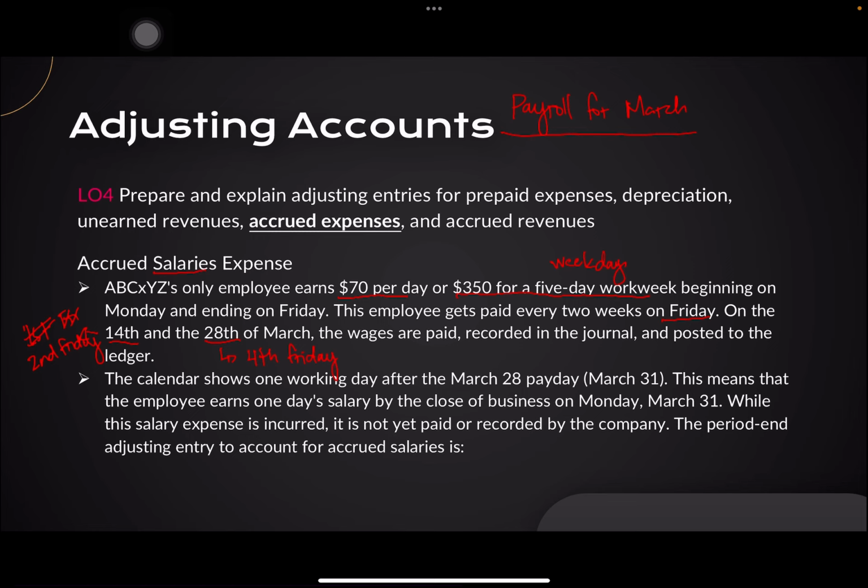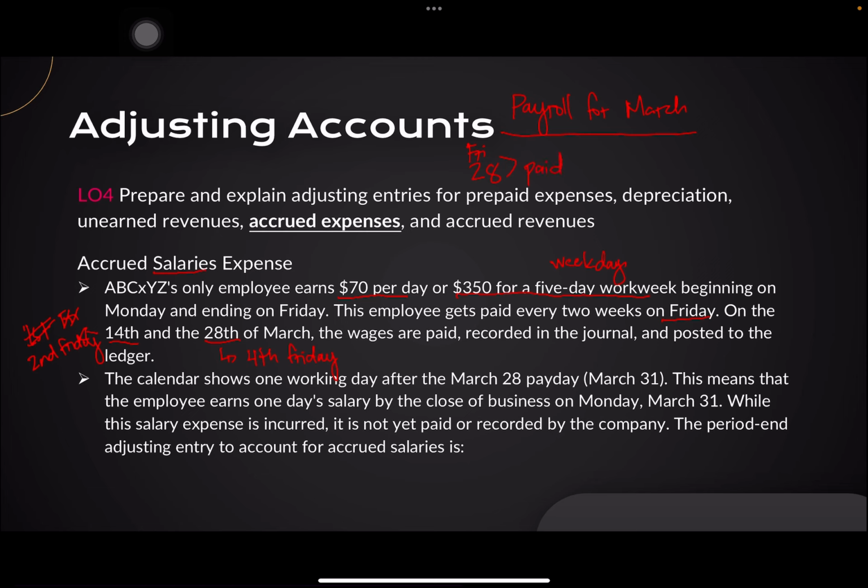So on the 14th and the 28th of March, the wages are paid, recorded in the journal, and posted to the ledger. It seems that on the first bullet point, there is no problem here, because the 28th falls on a Friday. So 28 is a Friday, and we were able to pay for that already. This is paid.